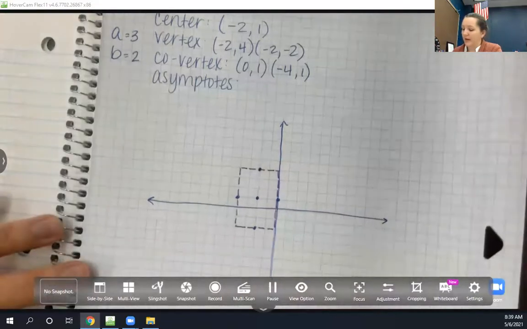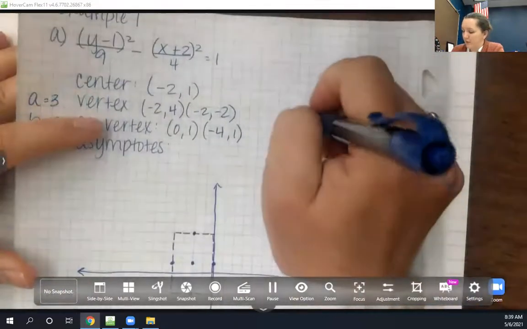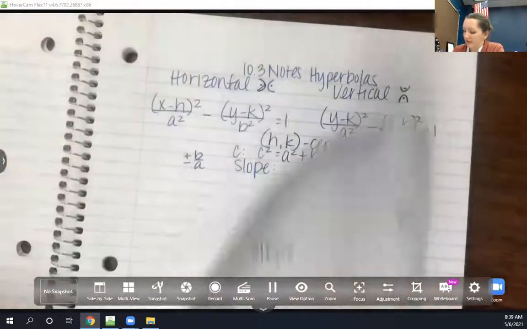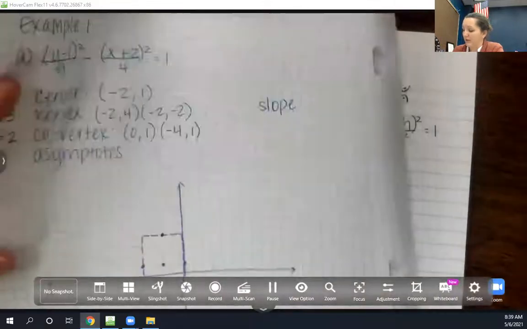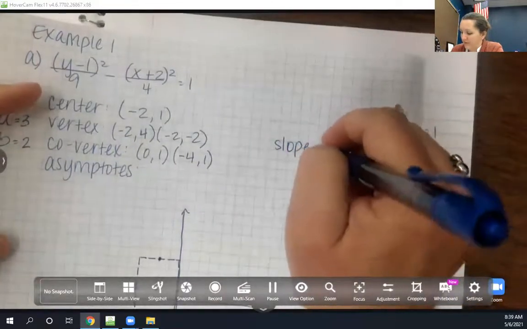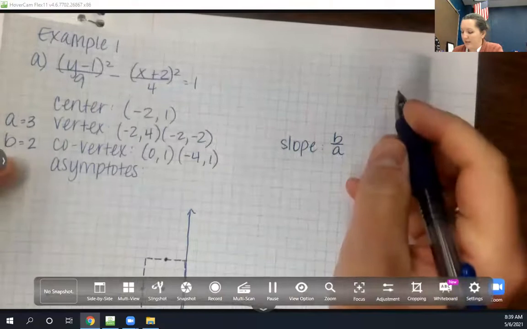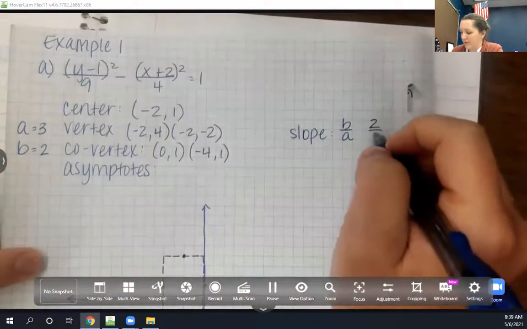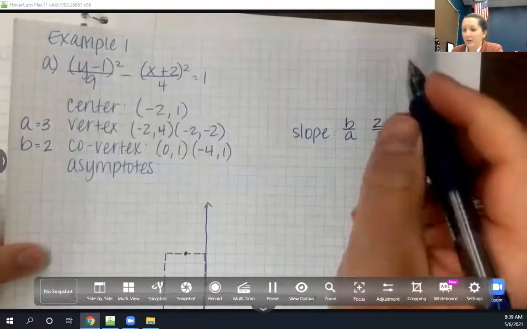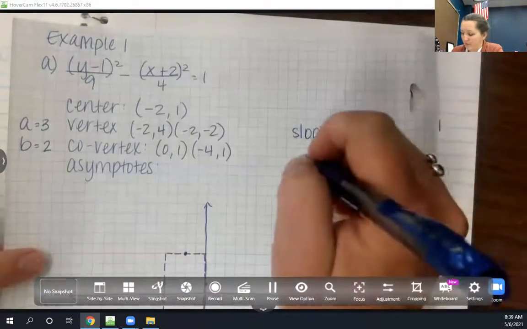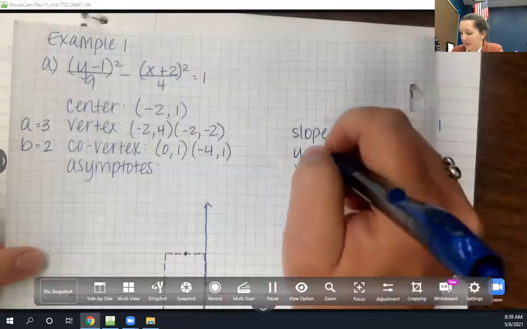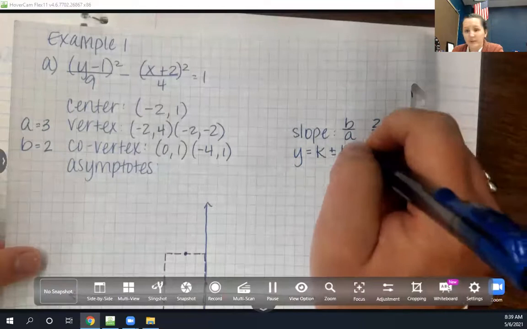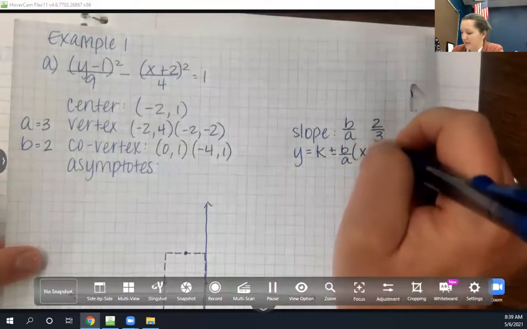So here's our asymptotes. To find the slope of our asymptote, it's going to be positive or negative b over a, right? So our slope in this case, b was 2, a is 3, my slope is 2/3. Now here's my equation for my asymptote. y equals k plus or minus b over a times x minus h.